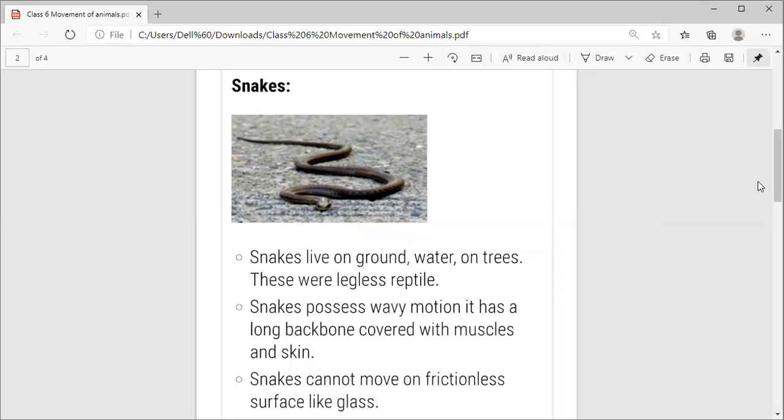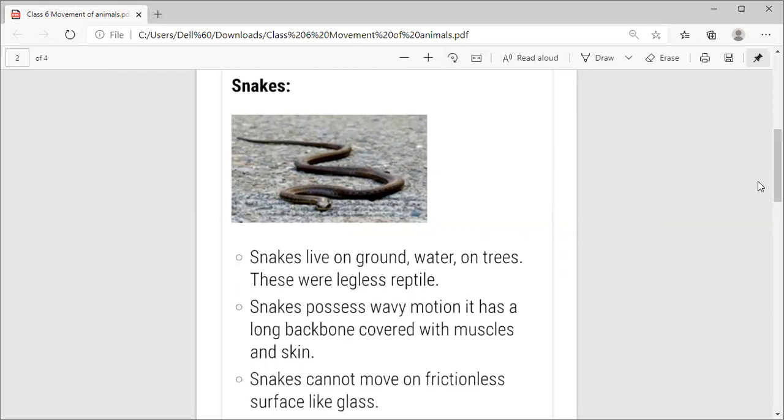The snakes do not have legs, so they are reptiles. And you must have seen that snakes make loops. Whenever the snake moves, it moves in loops, a wavy motion, like a wave is formed. You can say curve, loop, or wavy motion.